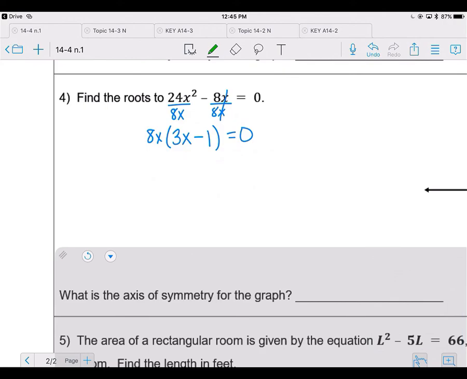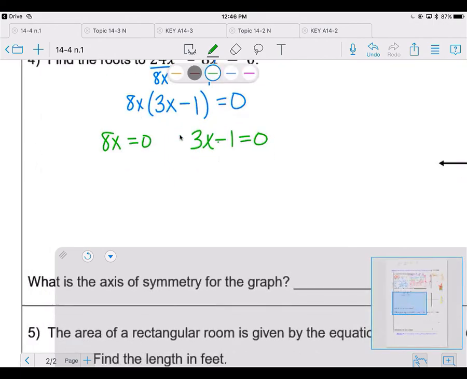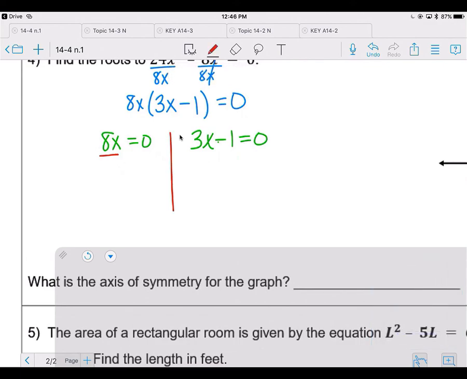Now, because I do not have any x squared terms, because I have an x here and an x here, and remember I need 2 answers, so 2 x's, I can take each factor and set it equal to 0. From here I will solve, so I divide both sides by 8 and x equals 0.